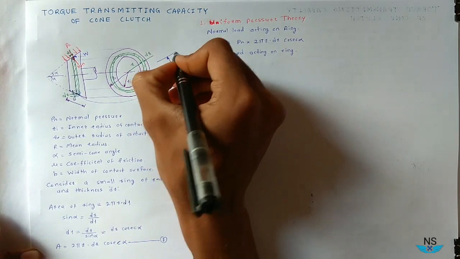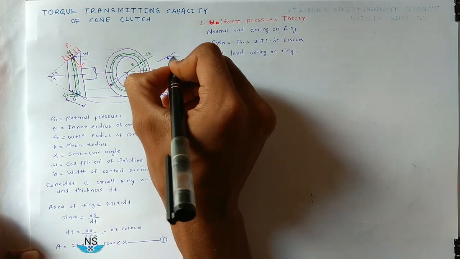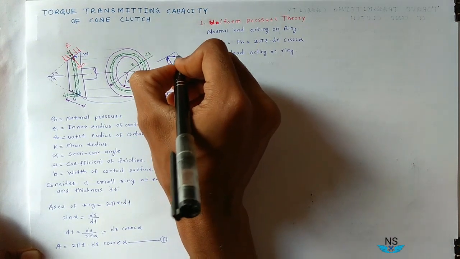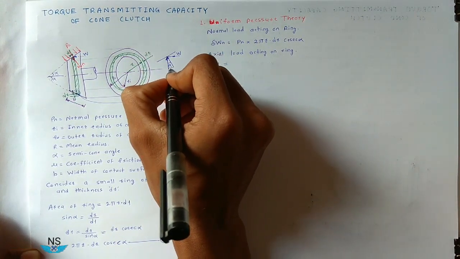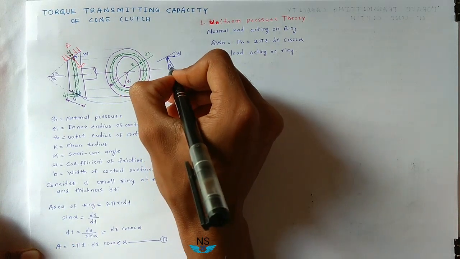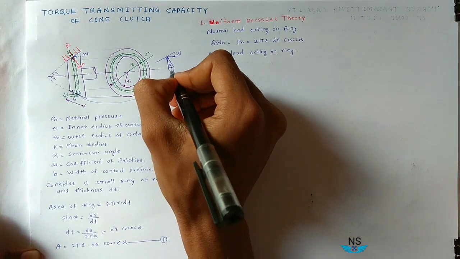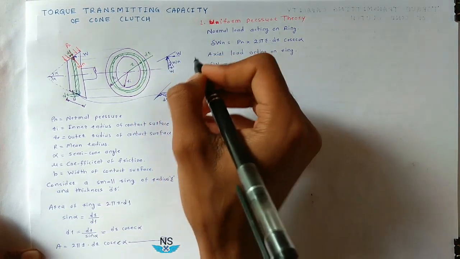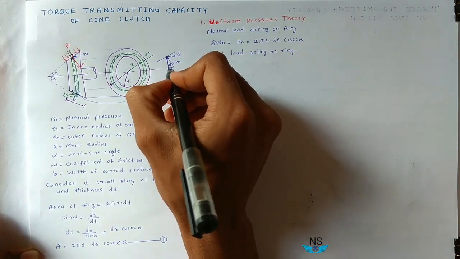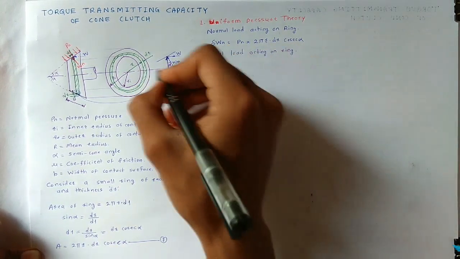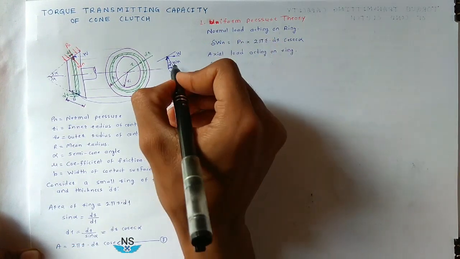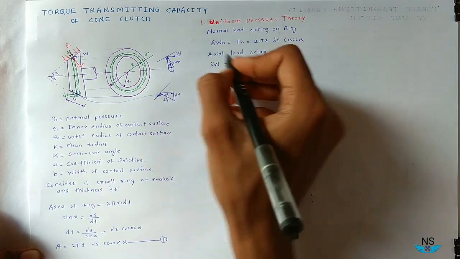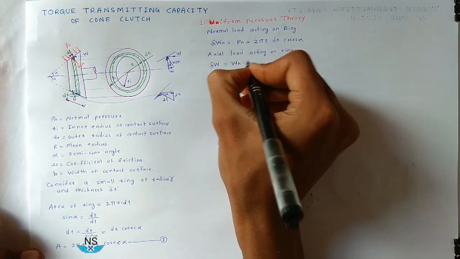If this is Wn, this is angle alpha, this is W. So W is the opposite side of this angle alpha. Therefore opposite side means sin alpha. So sin alpha is equal to W divided by Wn. Therefore W is equal to Wn sin alpha.